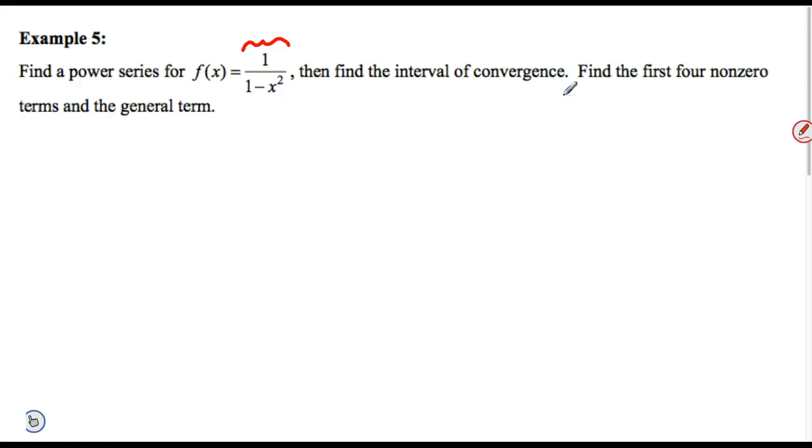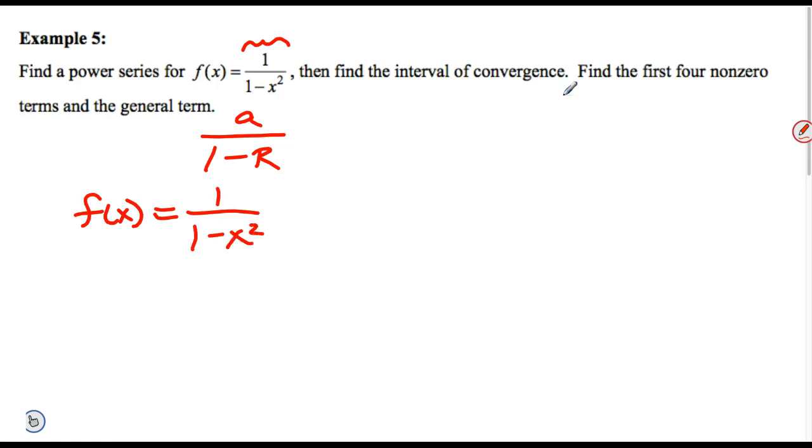Think fractional. If I can identify the a and the r once it's in that form, I don't need to do it from the ground up. So this one is very clear, right? This f of x, which is 1 over 1 minus x squared, has a power series expansion that goes with it. It starts at a, and then what will I continually multiply by?